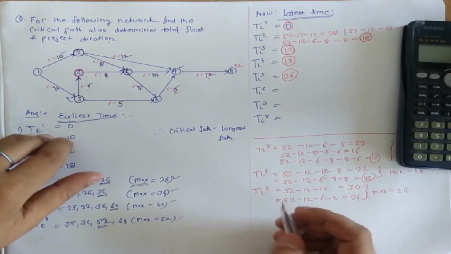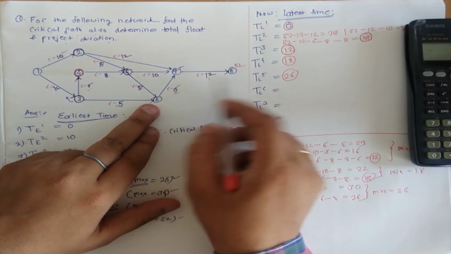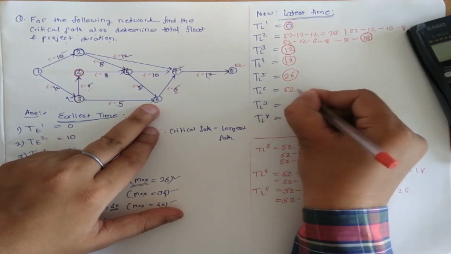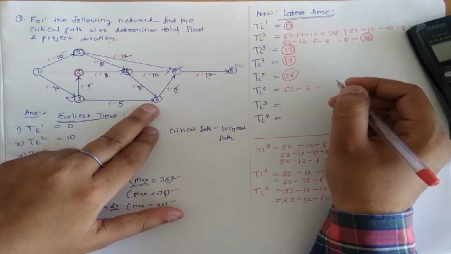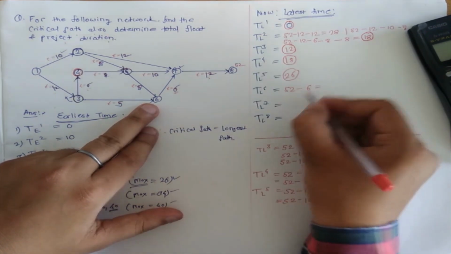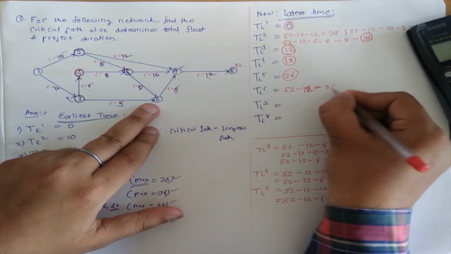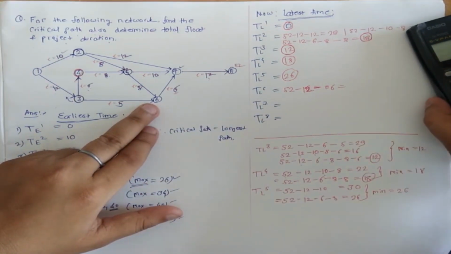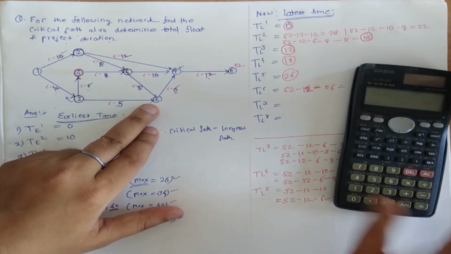Now for TL6, just keep here. So I think there is no other option than this. So TL6 will be 52 minus 12 minus 6, it is 34.